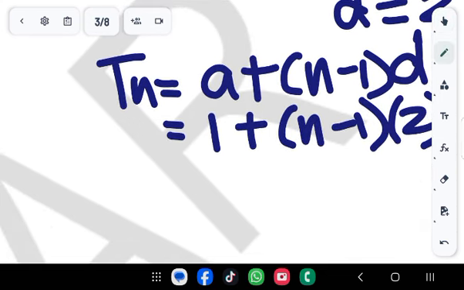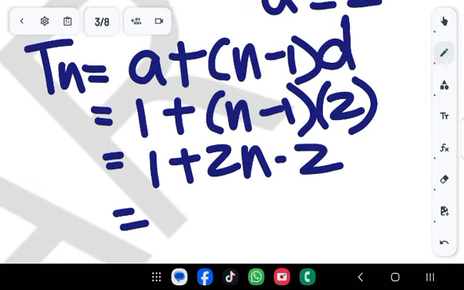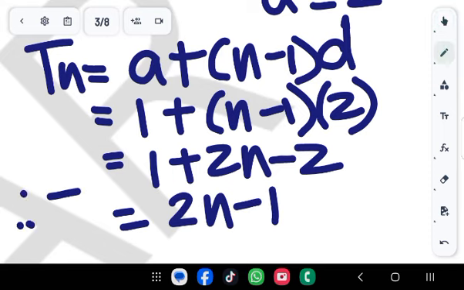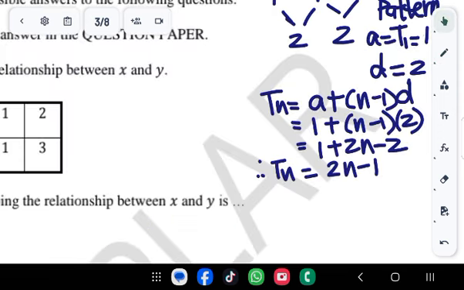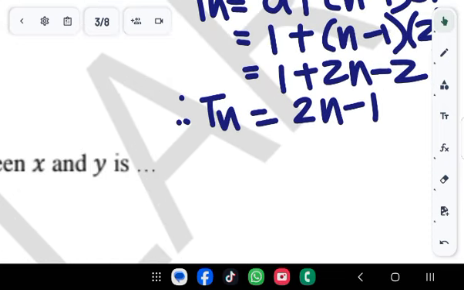Now we expand, and that gives us what? 1 plus n times 2, that is 2n. -1 times 2, that is -2. So now we add like terms. We start with the one that has a variable, so that's 2n. 1 minus 2 is -1. So therefore the general term is 2n minus 1. Automatically that means that it will be y equals 2x minus 1.